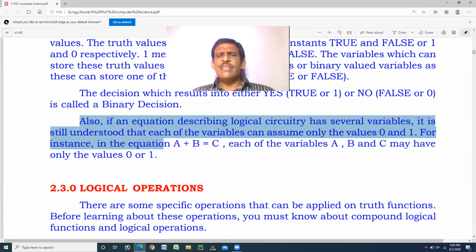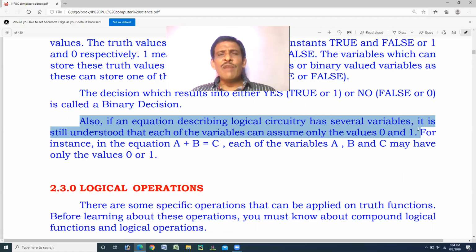Also, if an equation is going to describe the logical circuit, and it has several variables, it is still understood that each of the variables can assume only the values 0 and 1.